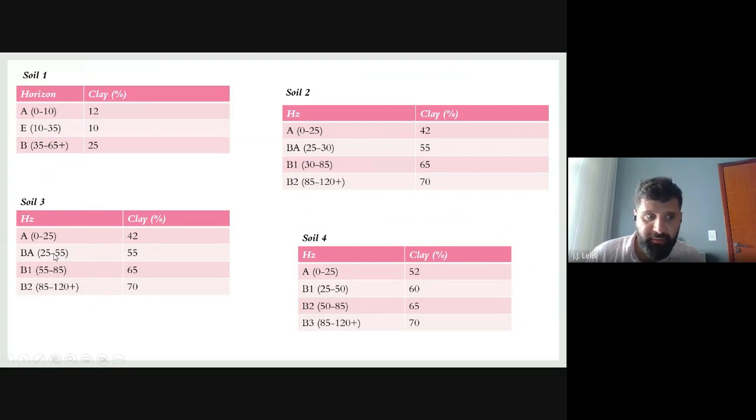In this case, I can't compare the B1 horizon and the A horizon anymore. I should compare BA and A because the distance between B1 and A is higher than 15 centimeters. Now I should compare the clay content of BA horizon and A horizon.